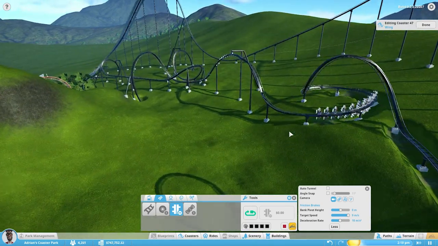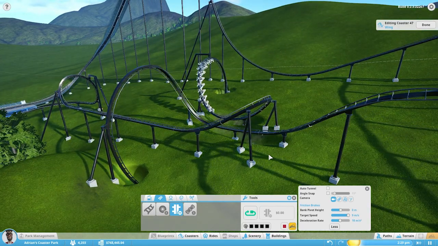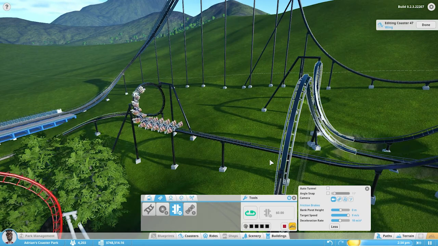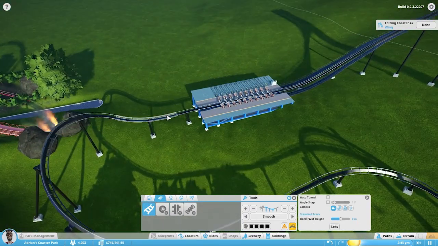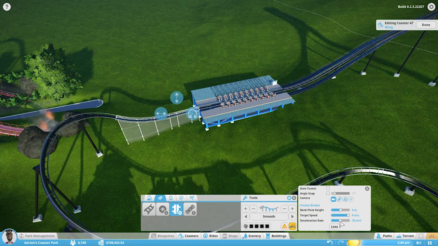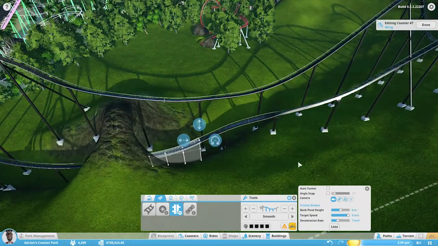So technically you can have the track curve back over itself. What I did here in this one is I actually had the track come back over, curve over itself, and then twist so it was the right way up. That's got a special name, I can't remember what loop name that is.